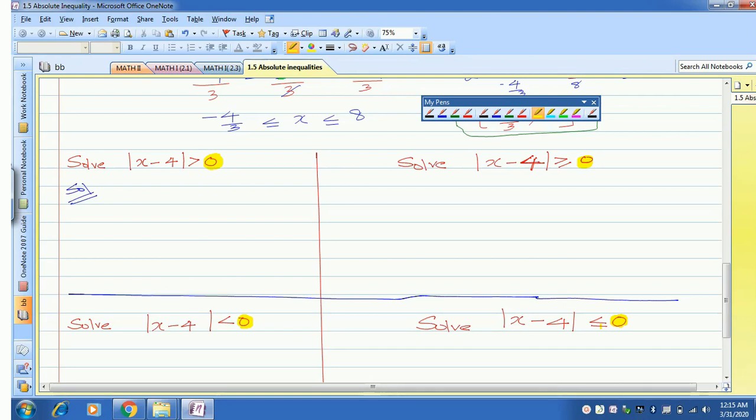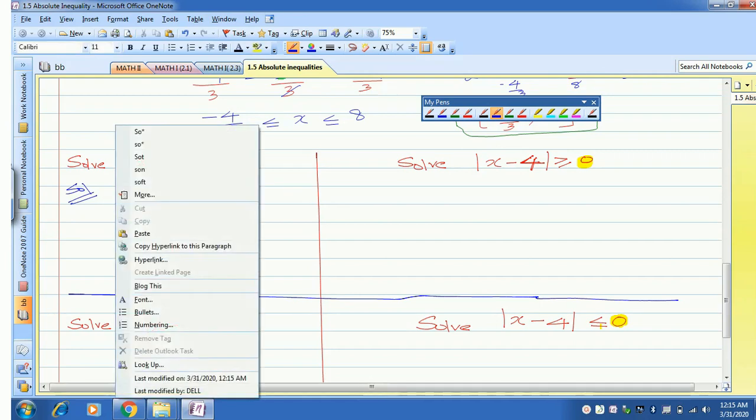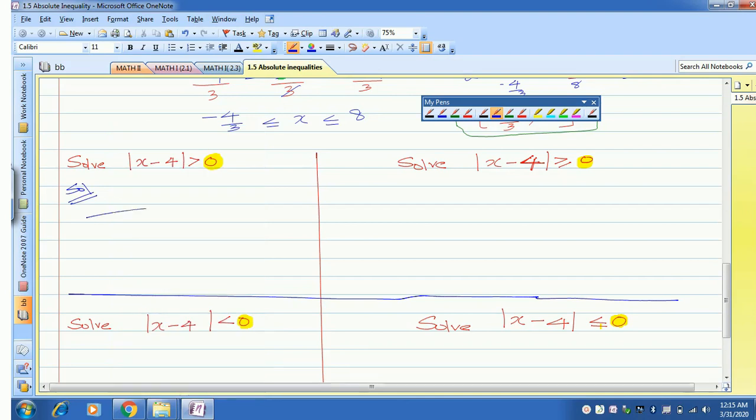What is the solution for this one? What is the case for absolute value of x minus 4 greater than 0? On the number line from minus infinity to plus infinity, this is x equal to 4. So it is all the real line except this point, except 4.